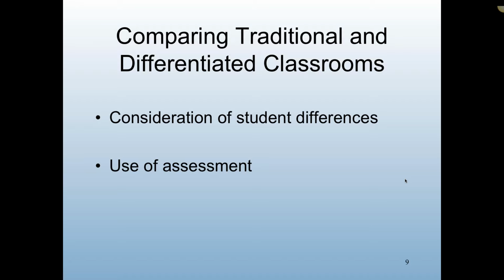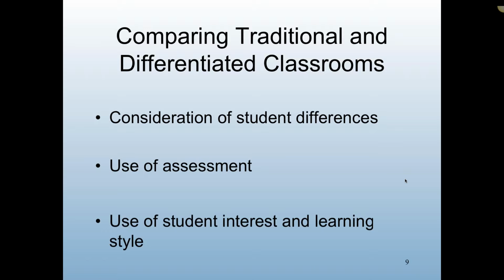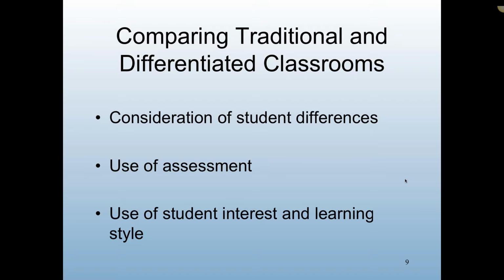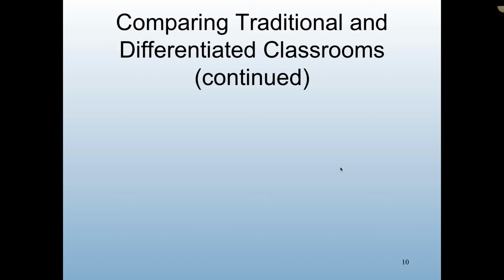And when you see what this product looks like, you're going to know whether or not they've got it. And if we can address students' interests and learning styles, we want kids who love coming to school, who don't hate coming to school every day. And the way we can do this is by doing this kind of thing and doing it well.